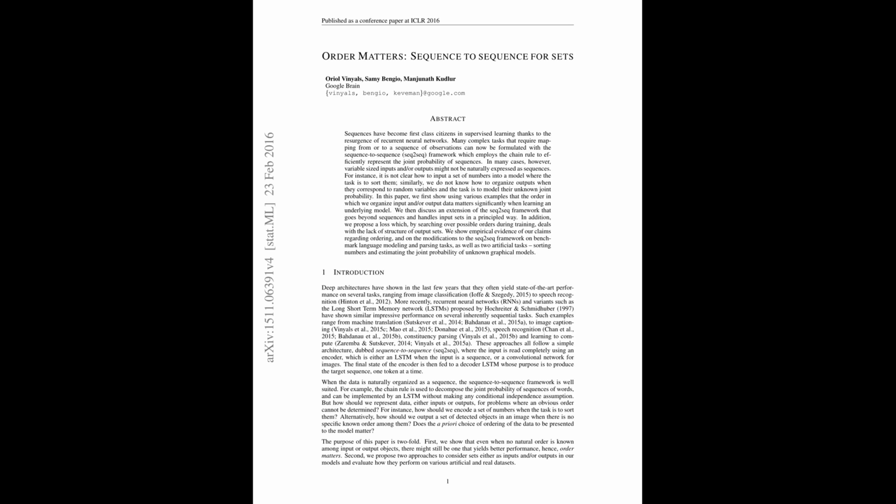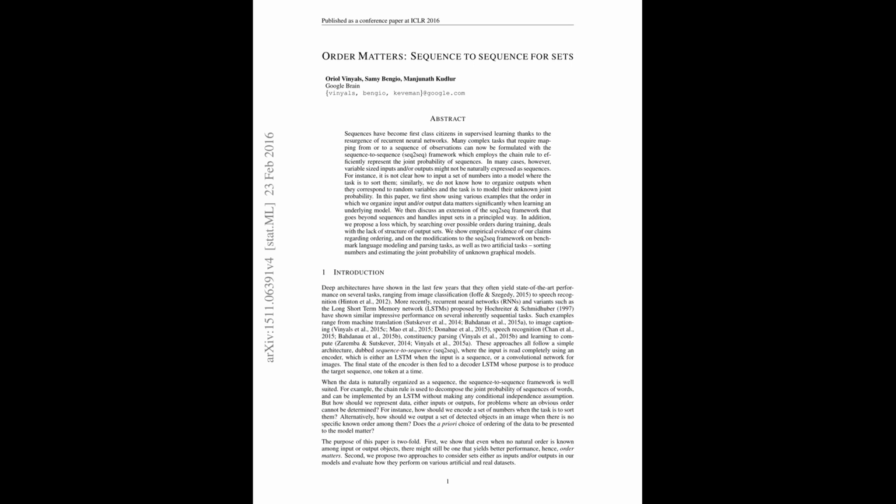The Sequence-to-Sequence framework, or Seq2Seq, has become one of the most successful patterns in deep learning. The recipe is simple. You take a recurrent neural network, usually a long short-term memory network or LSTM, and use it to read an input sequence token by token, compressing it into a hidden state. Then you use another LSTM to decode that hidden state into an output sequence, again token by token.